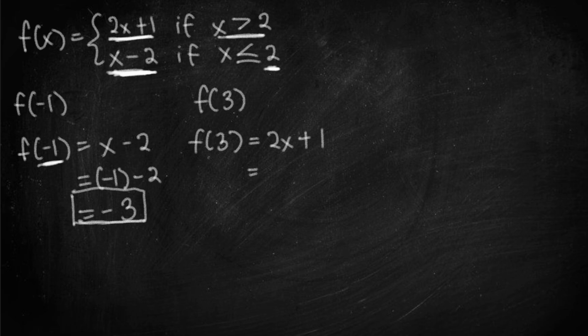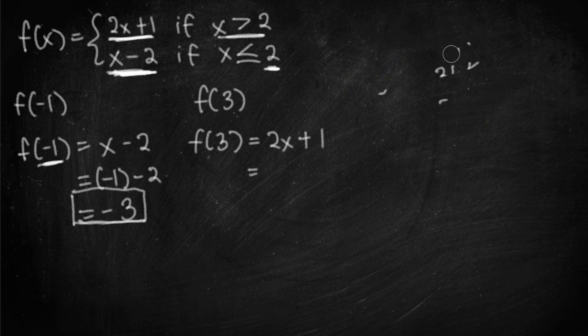We need to take this into account. When we have a constant number like 2 and x, whenever we substitute any number for this x, that is automatically multiplied by this number. So whenever you have something like 2a or 3b, and you substitute any number for these variables, it is automatically multiplied.